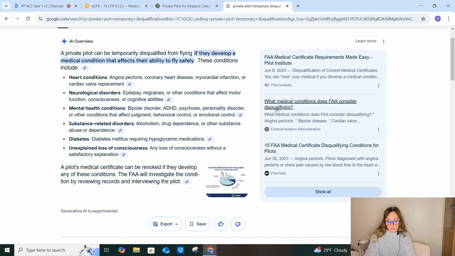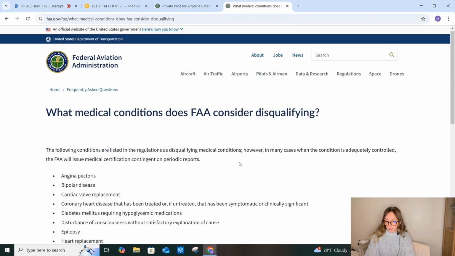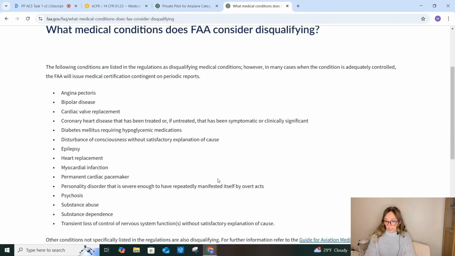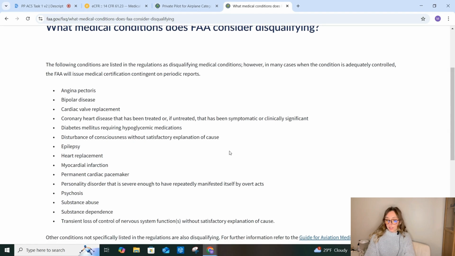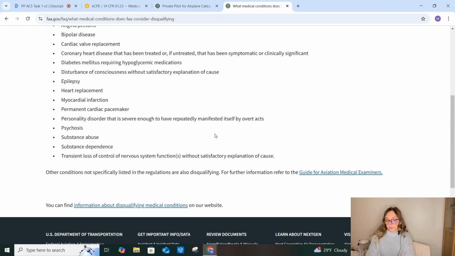So this is the FAA website. This is legitimate. If you have these medical conditions, that is a disqualifier. I don't think it means that it's impossible to get your license. I think that it means it's a little harder and you need to prove that this would not affect your flying or your safety or the safety of others.